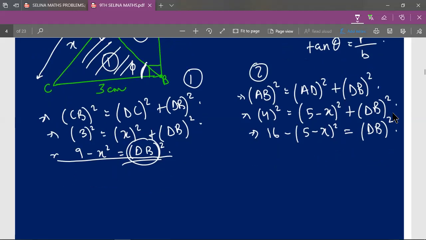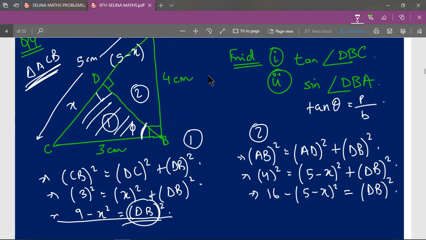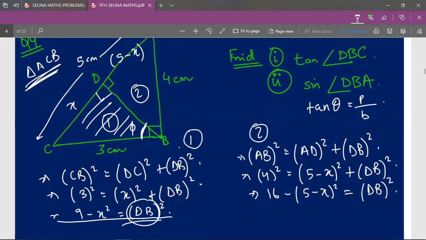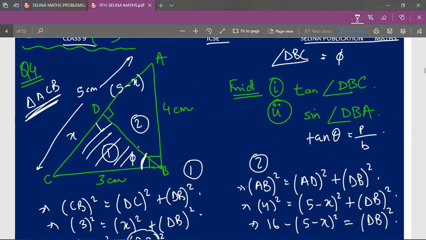Now all we have to do is combine these formulas together. How? In both the cases, the base is the same, and the aim, in India we call aim maksat, of the things that we are doing is to find the base.